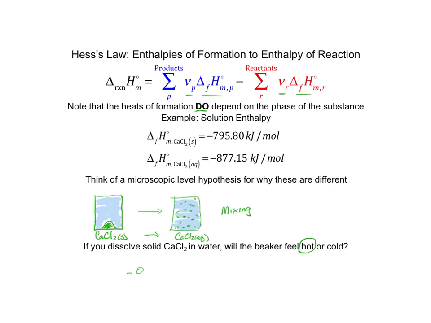And so if we have a negative 877.15 kilojoules per mole minus a negative 795.80 kJ per mole, our answer is going to be a negative value, and that is exothermic, which means that energy is going from the system to the surroundings. And in this case, our hand, our feeling, is the surroundings. And so it's going to feel hot.